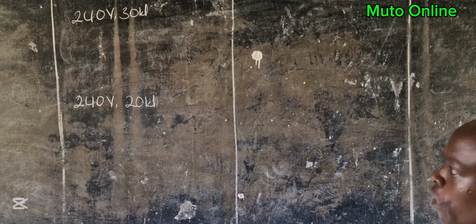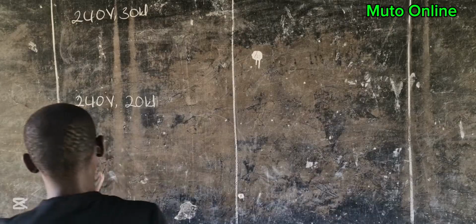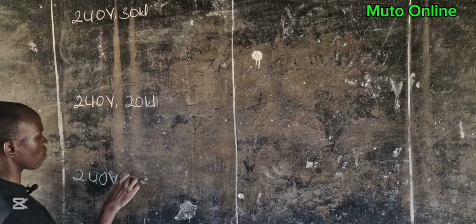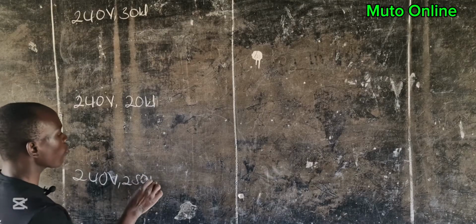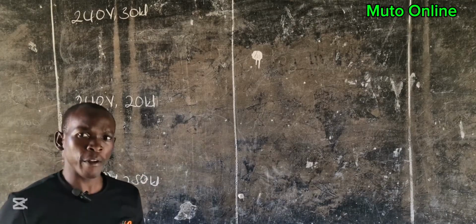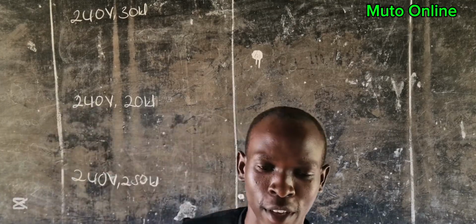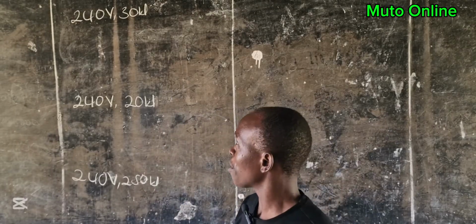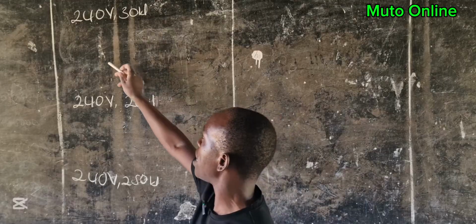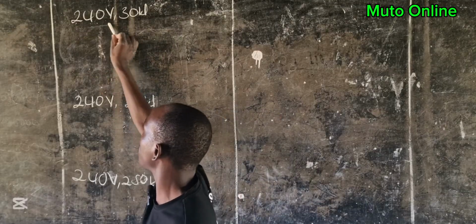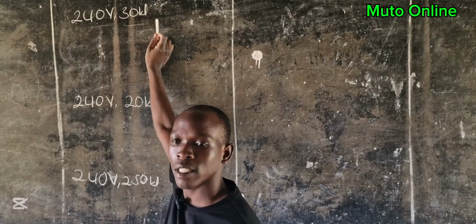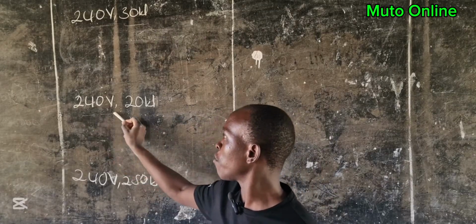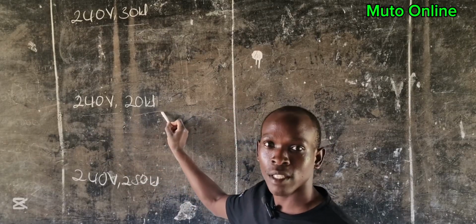Now this scenario here: three parents came to you with bulbs labeled differently. One of the parents had a bulb rated 240 V, 30 watts. Another parent comes with 240 V, 20 watts.